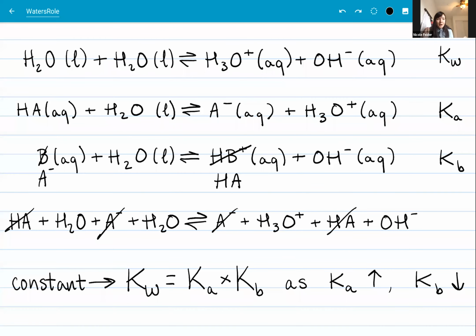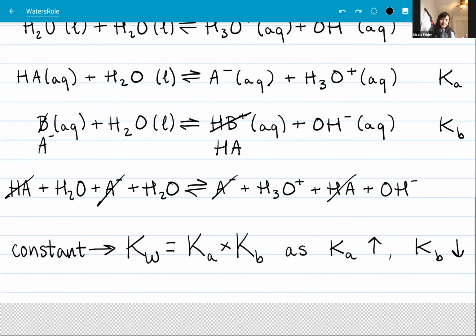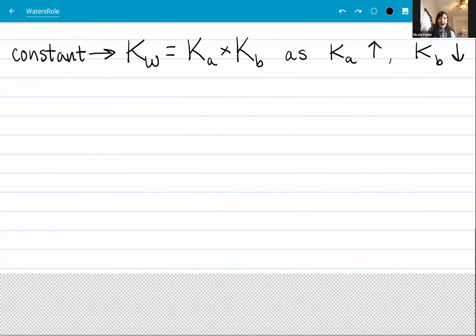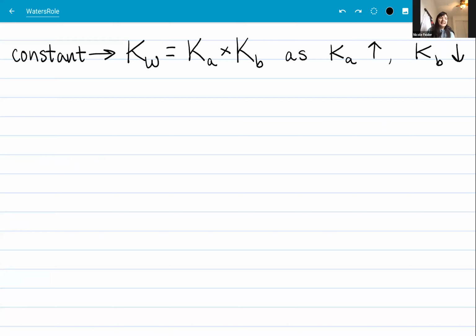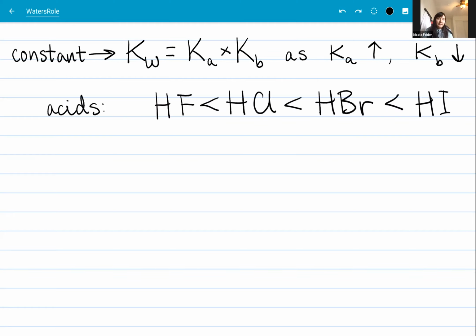Let's test out our knowledge of all that we've just talked about. Say I want to compare some binary acids and their conjugate bases. Recall the acid strength trends we learned about in chapter 15.2. We can sort some binary acids from weakest to strongest, drawn here, right?